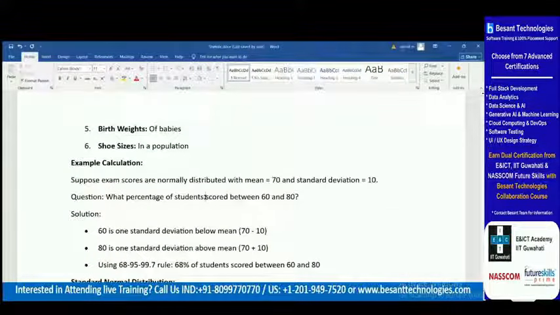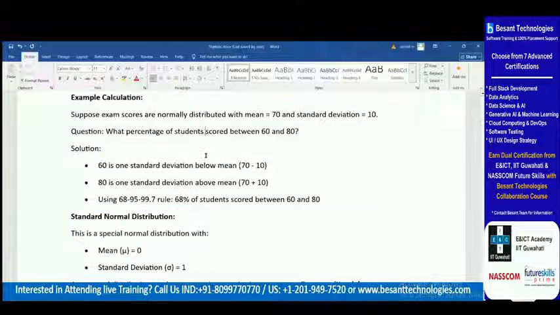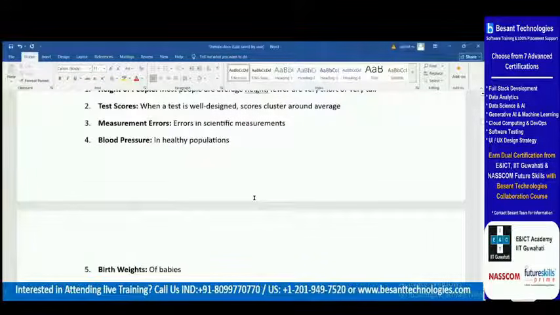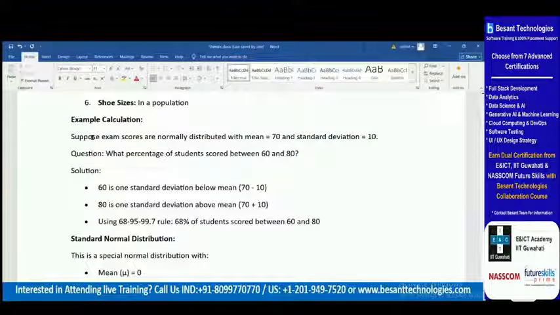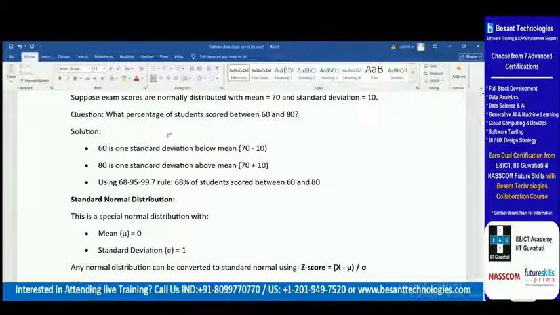Let's take the earlier example I showed here and evaluate. Now I have exam scores which are normally distributed with 70 as the mean and a standard deviation equal to 10. My question is: what percentage of students scored between 60 and 80?